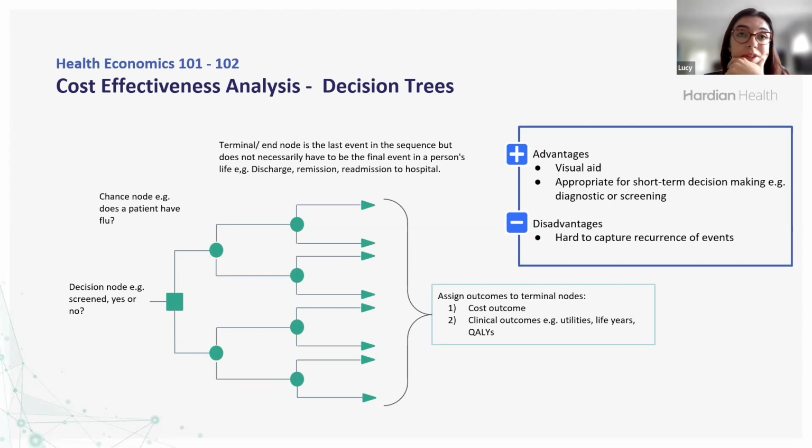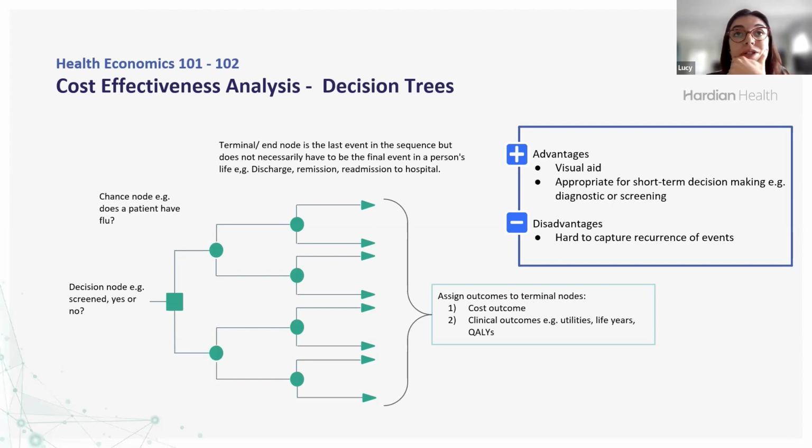You start with the decision node, which could be, for instance, is the patient population screened, yes or no, or, in the case of evaluating a software device, does the patient population have access to said software device, yes or no?